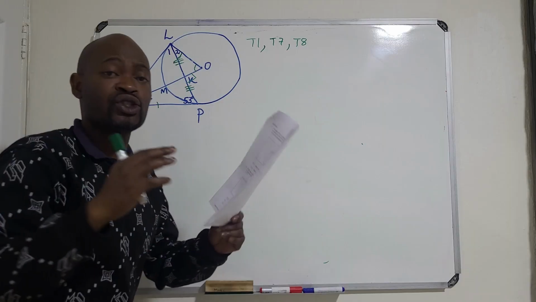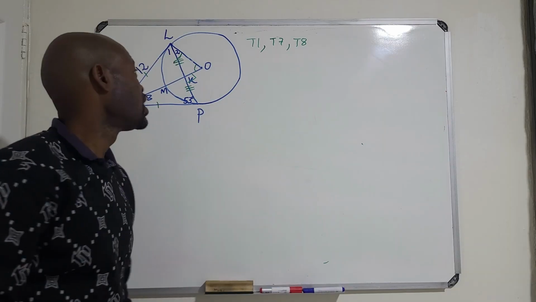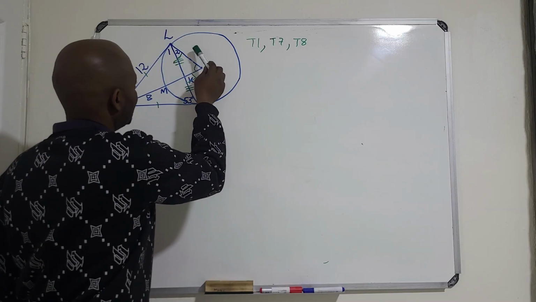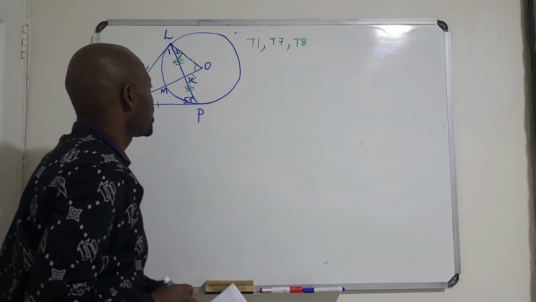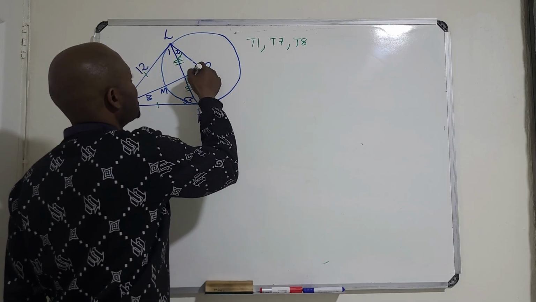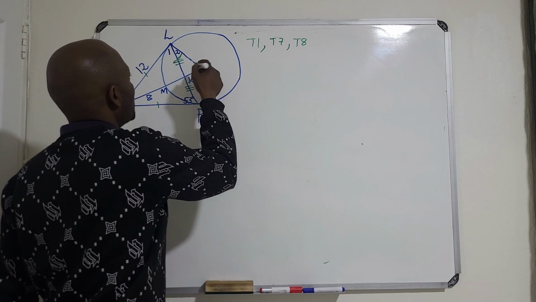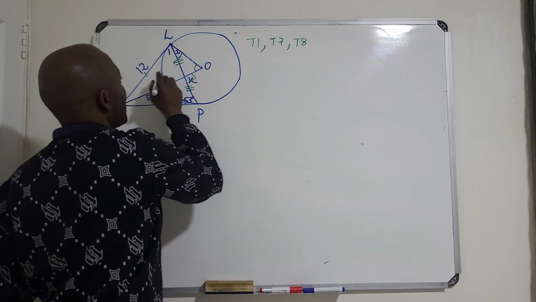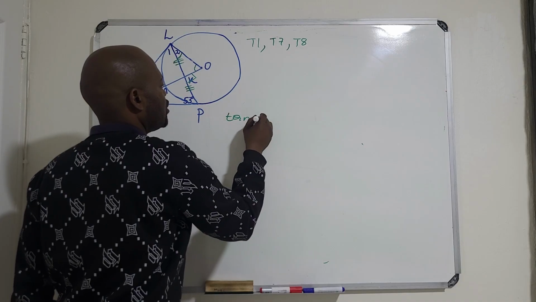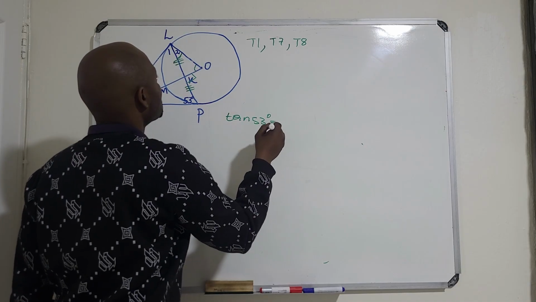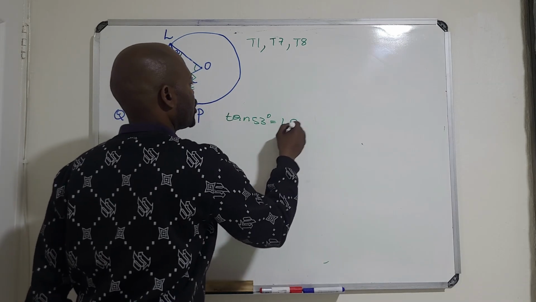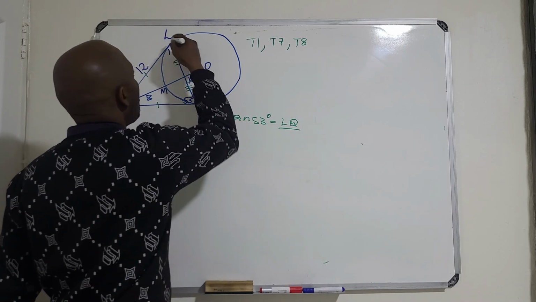Still, this angle we know is 53, so we can use opposite over adjacent, which is tan 53 degrees equals opposite, LQ, over LO.